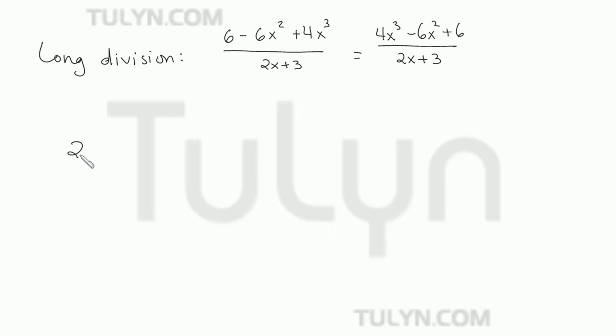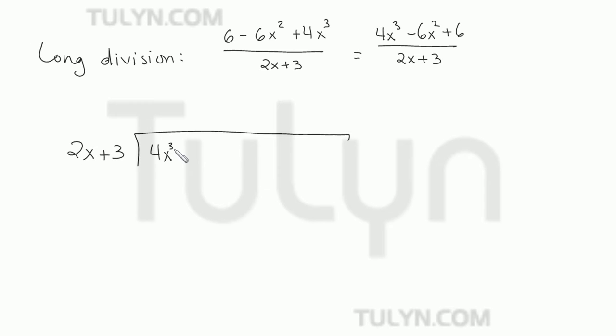How we do that is we put the denominator on the outside, and on the inside we put the numerator. Now notice that there's no term for x in the numerator, right? There's an x cubed and x squared, but no x term. So what's good to do is to put a 0 times x in for the x term.